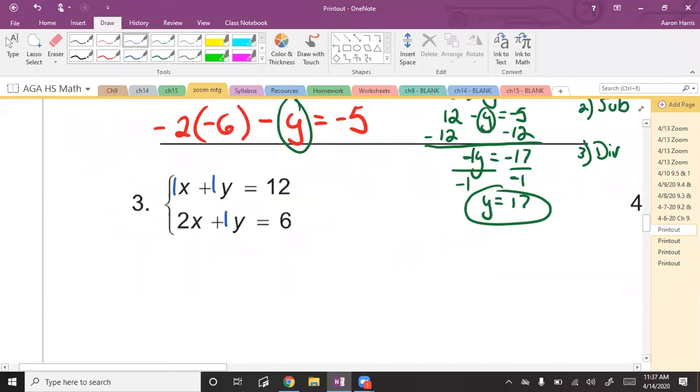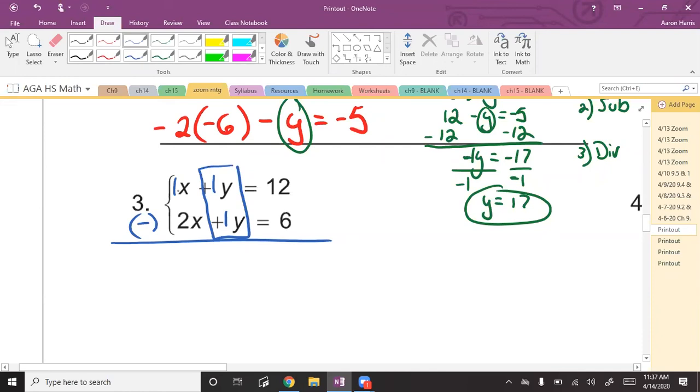They're not additive inverses. If I add them, I'll go to 2, not the 0. But here's what I can do. If I have the same exact number, I can subtract the equations. Why? Because 1 minus 1 is going to get me to what number? 0. So let's do that.